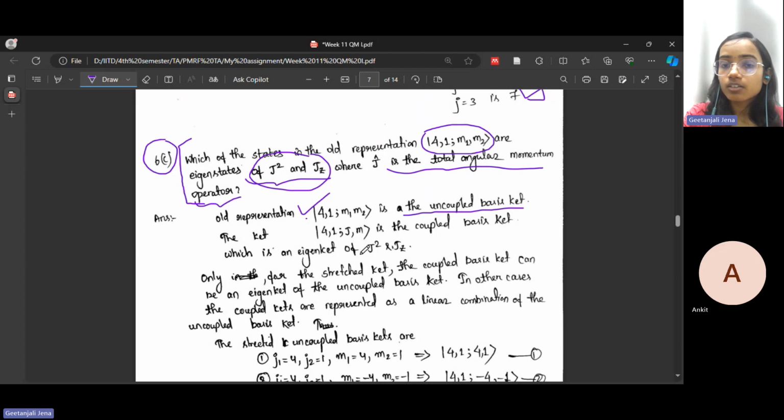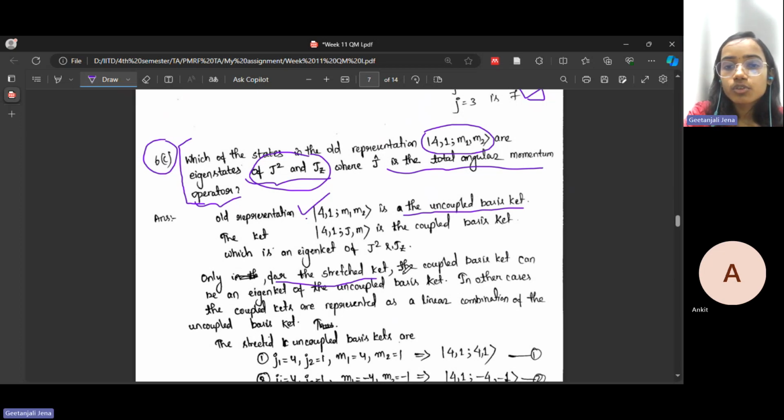You have already seen that these stretched states are directly related to the uncoupled basis states. For other states, other than the stretched states, they are linear combinations of the uncoupled basis states. But if you have a stretched state, then it is directly related to the coupled basis state. So the answer to the question is the stretched states: the stretched states present in the uncoupled basis are the eigenstates of J square and Jz.